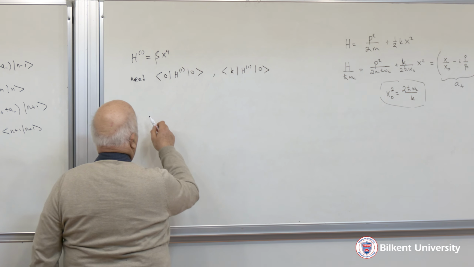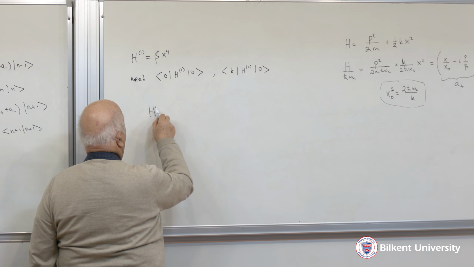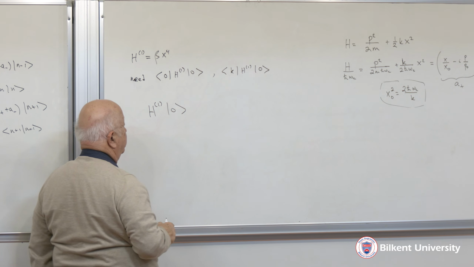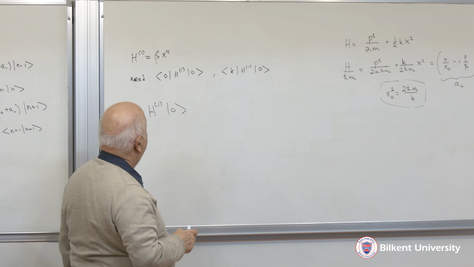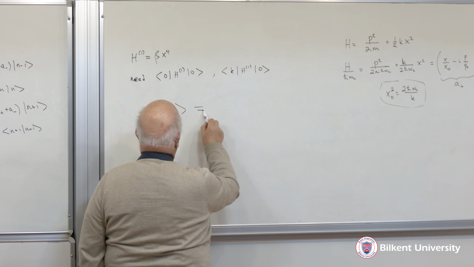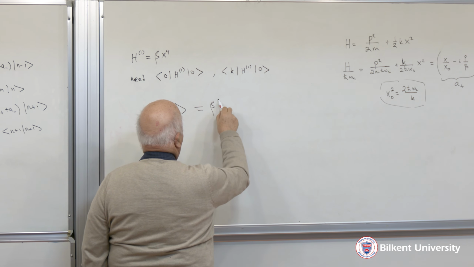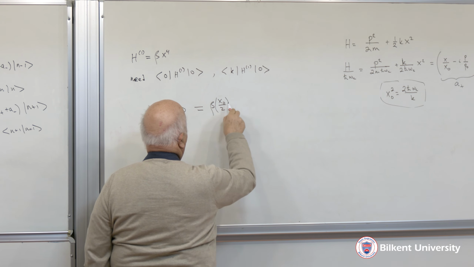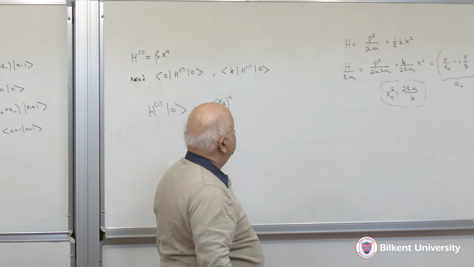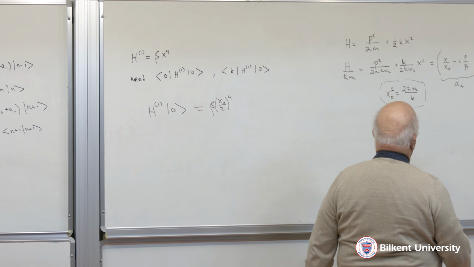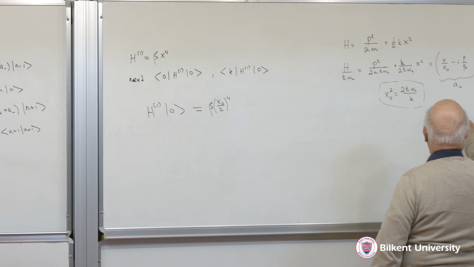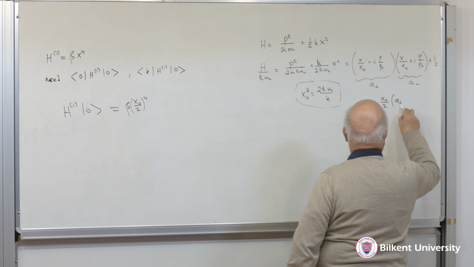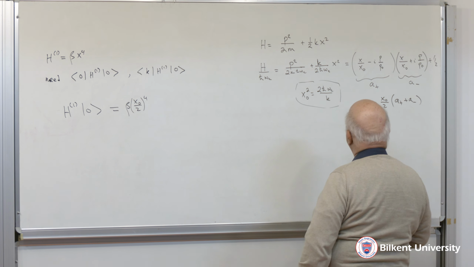Okay, so I'm going to look at the problem of what happens when I hit the ground state with H1. Okay, so that is going to give me beta times x0 over 2 to the 4th power, because x, I erased that, but it's equal to x0 over 2 times a plus plus a minus.